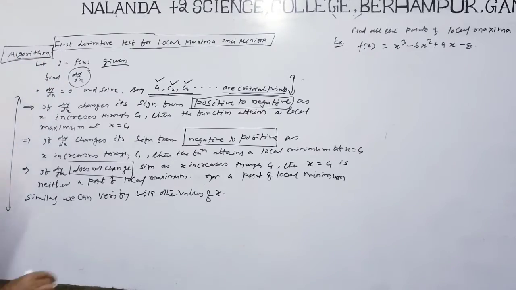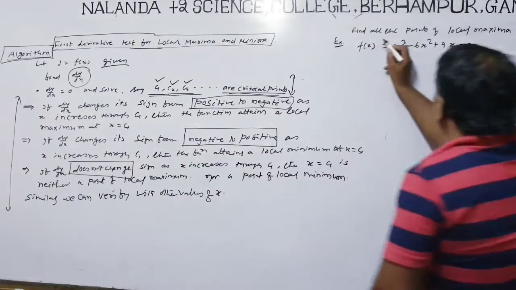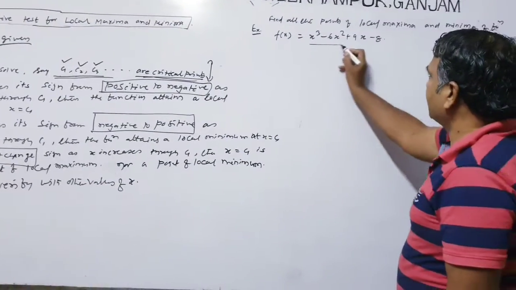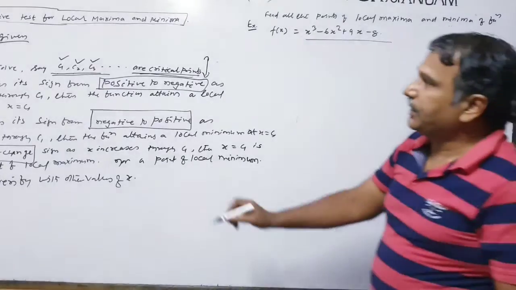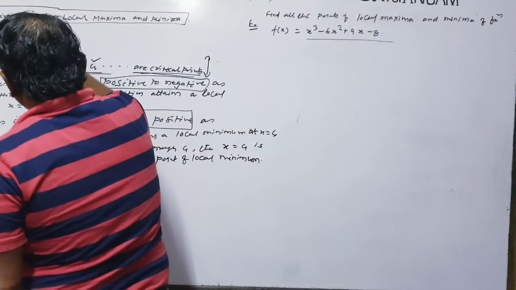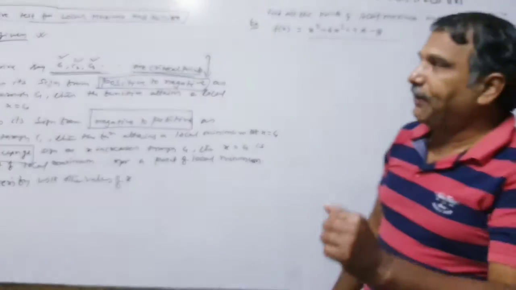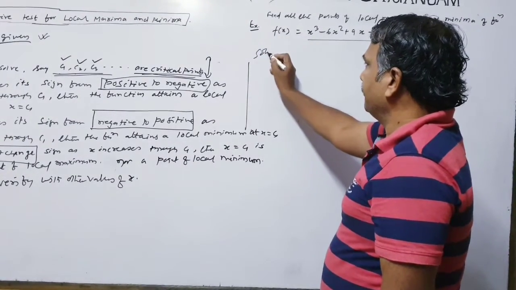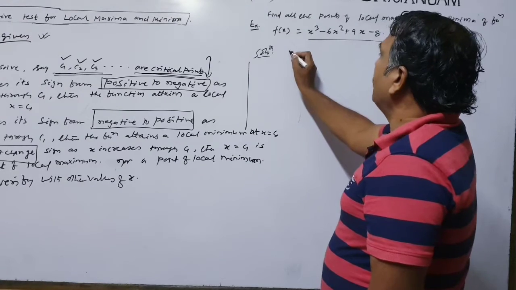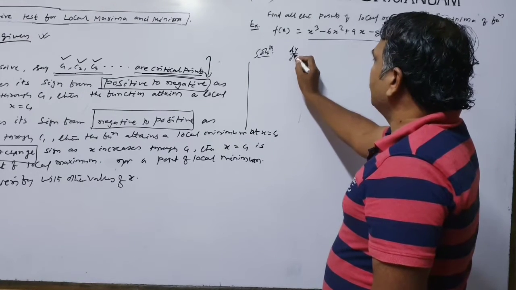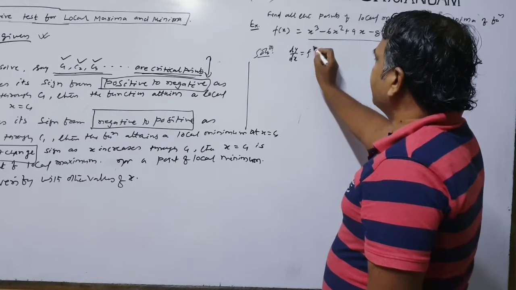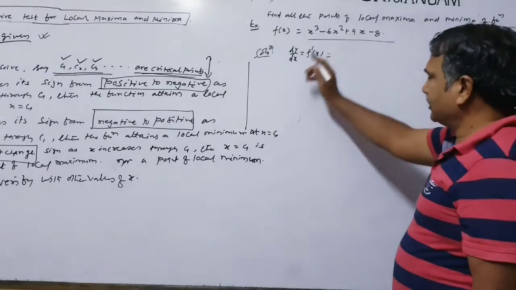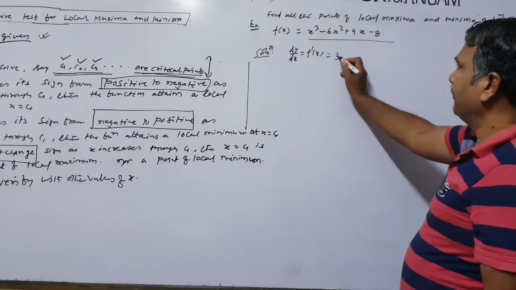Now for example: find all the points of local maxima and minima of the function. This is the function given. First find dy by dx, or f dash x, same thing. What is the derivative of x cube? 3x square.